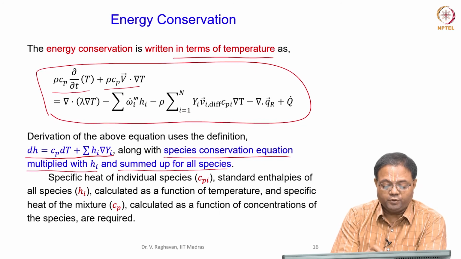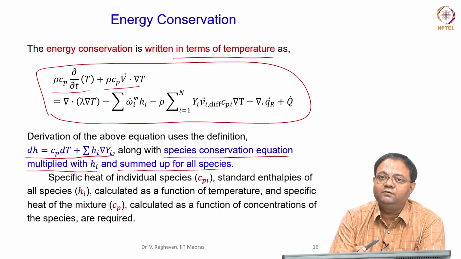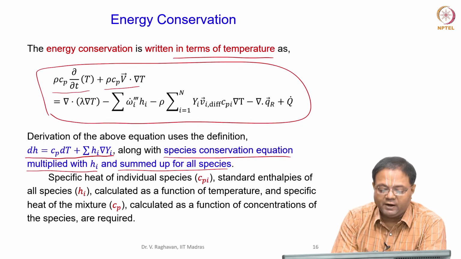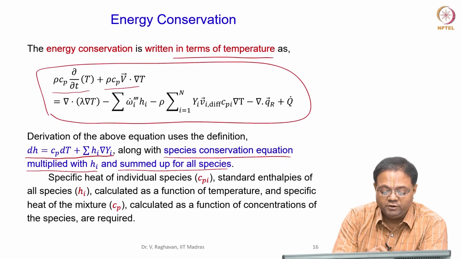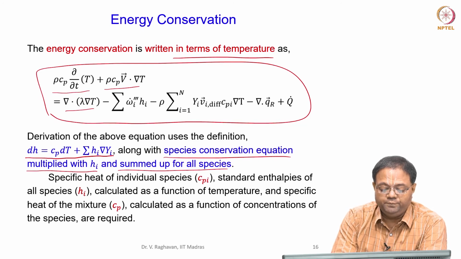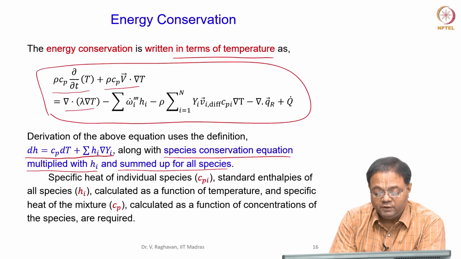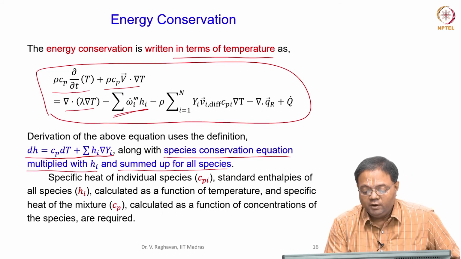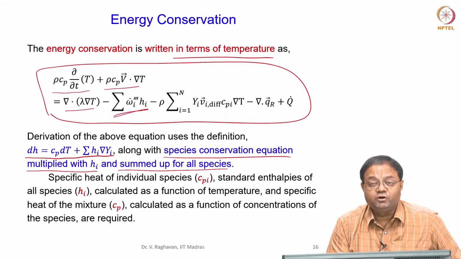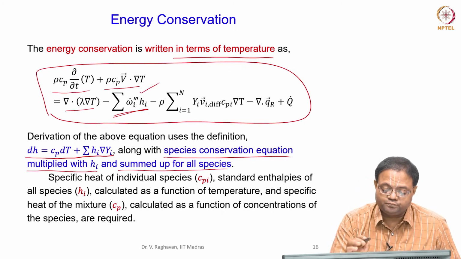So now enthalpy is expanded and the energy equation is written in terms of temperature. That will be equal to the gradient of the conduction flux plus this. You can see I am using the species conservation equation multiplied by Hi and summed over all the species, so that will give this term.